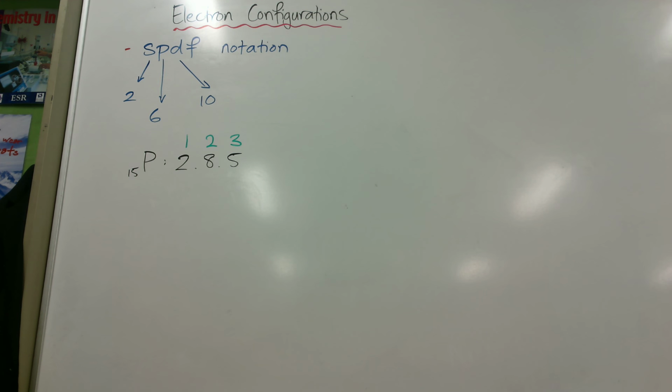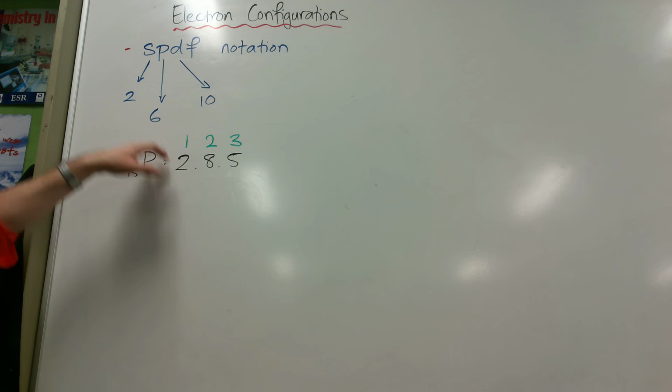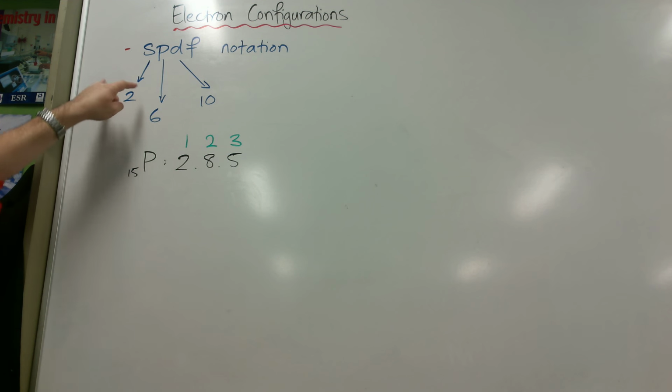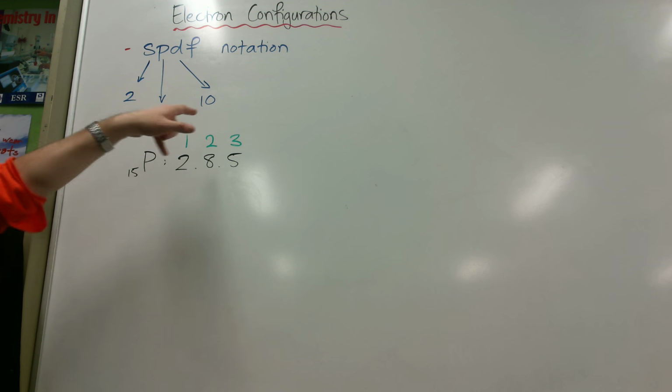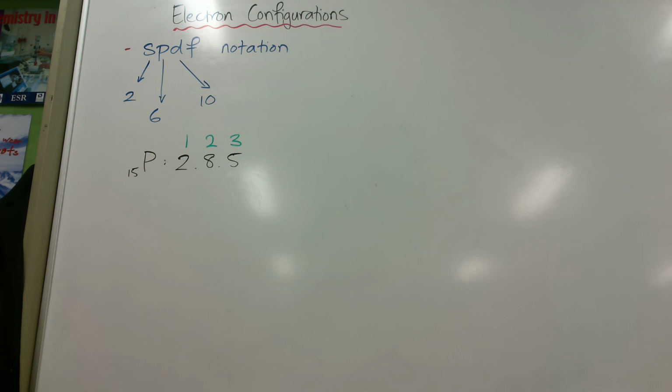So now I'm going to show you how you do it using the SPDF. Now the first energy level can only take 2 electrons. So out of those orbitals, it would have to be an S orbital, because they can take 2. Whereas P's got 6, D's have got 10, so that doesn't work for an energy level that can only take 2.